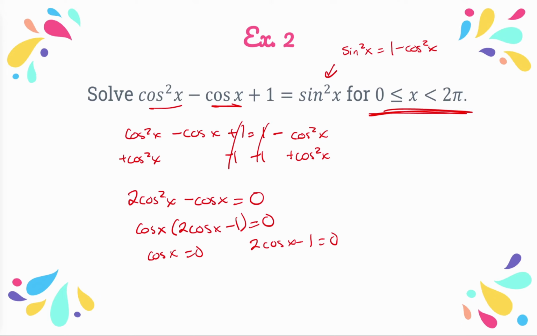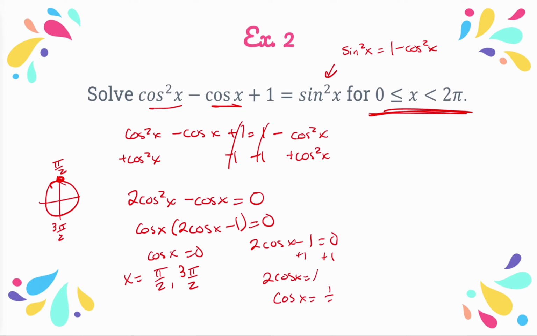Now our x is between 0 and 2 pi. So there are two places on the unit circle where the cosine is equal to 0, at pi over 2 and at 3 pi over 2. And then we add 1, 2 cosine x equals 1, cosine x equals 1/2.